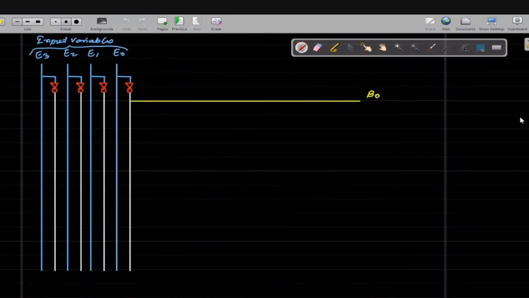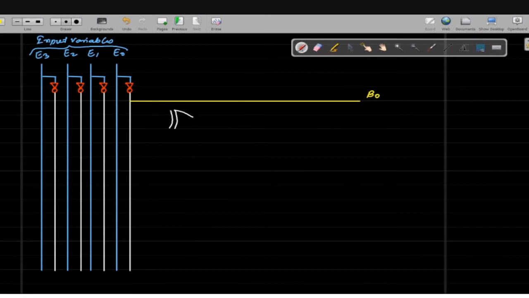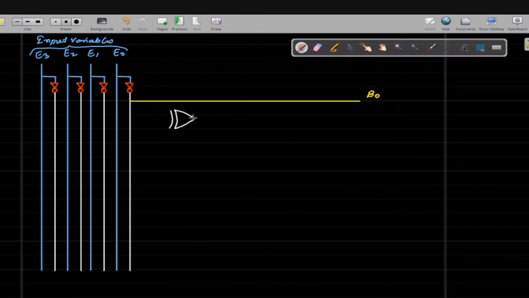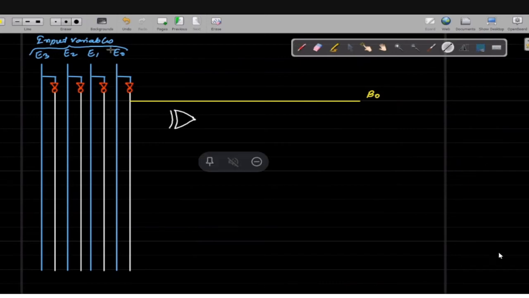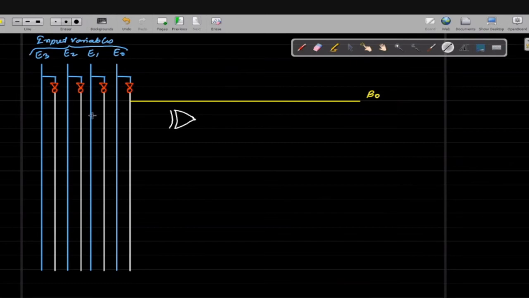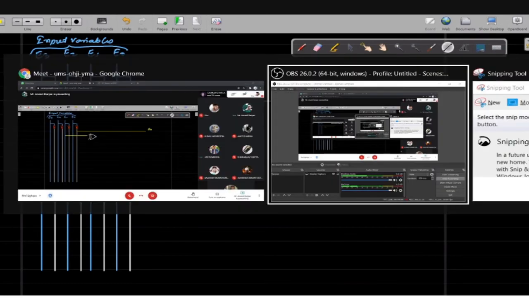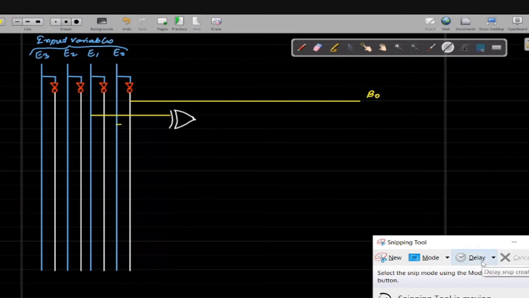So you need to draw one XOR gate here, in which the inputs will be E1 and E0. So that you will get B1 now.